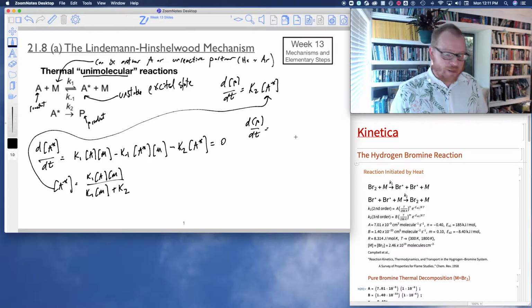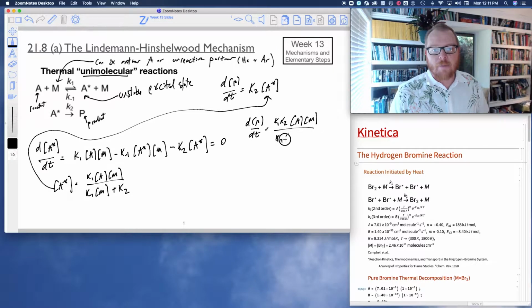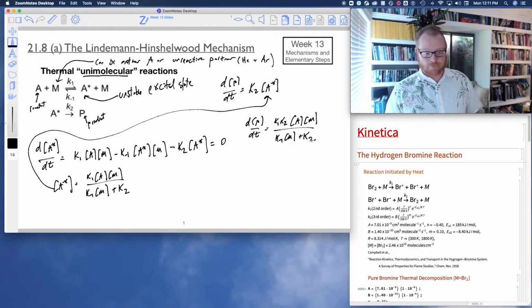I now get dP/dt, so the rate of stable product formation should be K1 times K2 times A times M, all divided by K minus 1 times M plus K2.